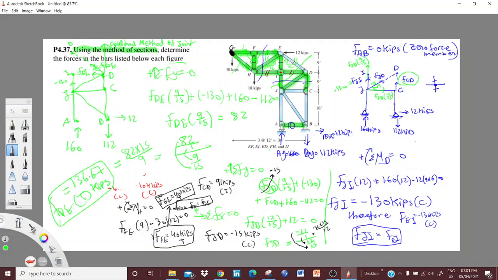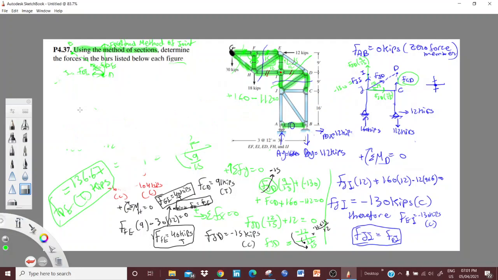Can we do a cut like this? Let's see. We need to find the force of JC. We can take a joint or the method of sections.